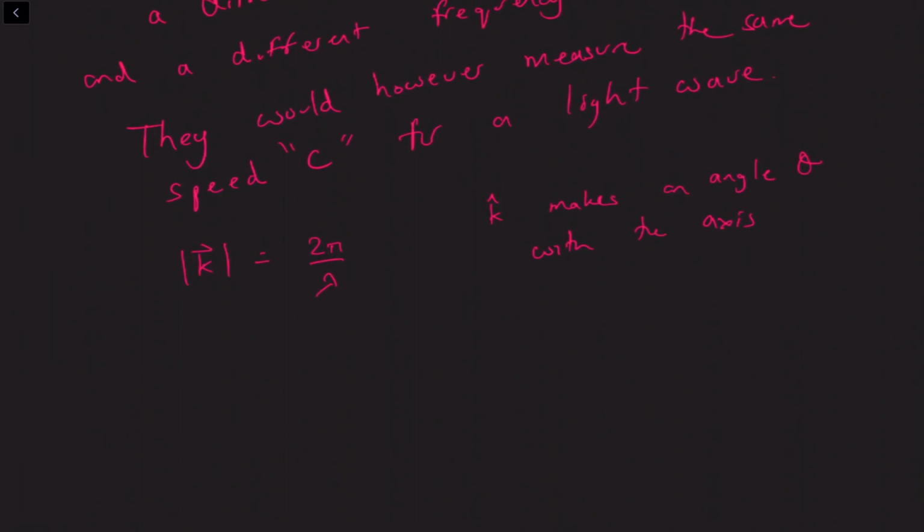So to be more general, we'll assume that k hat makes an angle theta, and therefore the phase of the wave measured in frame S can be written in the form 2 pi times nu, where nu is the frequency measured in frame S, t is the time description of a particular location in the frame S, minus k vector dot x vector.